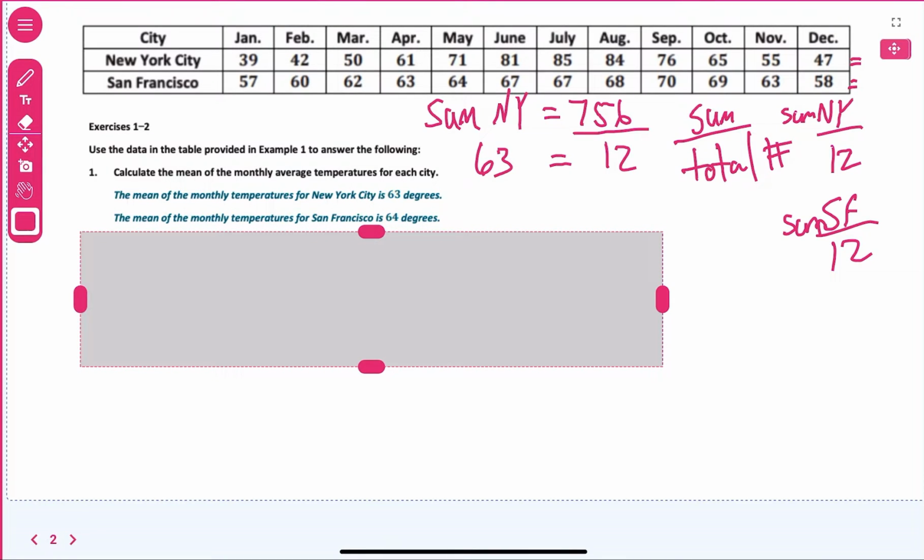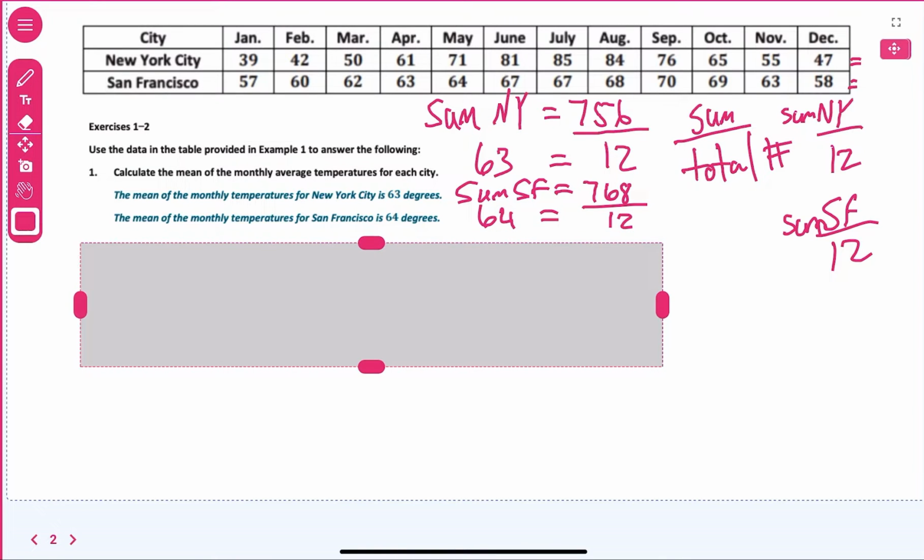Now, it was 64 for San Francisco. So there's not that much of a difference then. That was 768 for the sum of San Francisco divided by 12 gives you 64. Not a lot of difference in the average monthly temperatures.